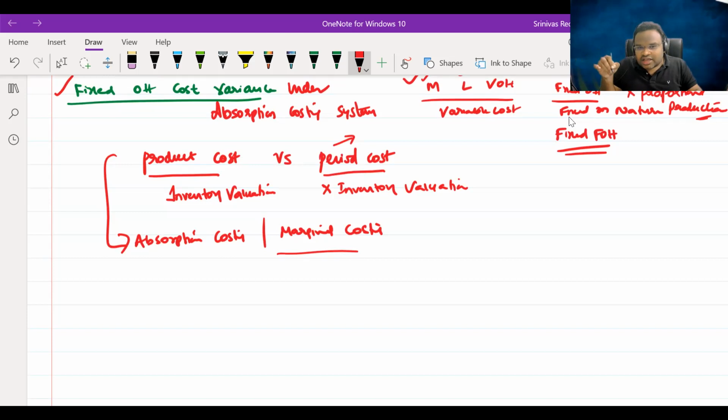The reason is that in the examination, after you learn fixed overheads, they may ask you to find out the fixed overhead cost variance under marginal costing system. Whatever efforts you kept will become in vain.